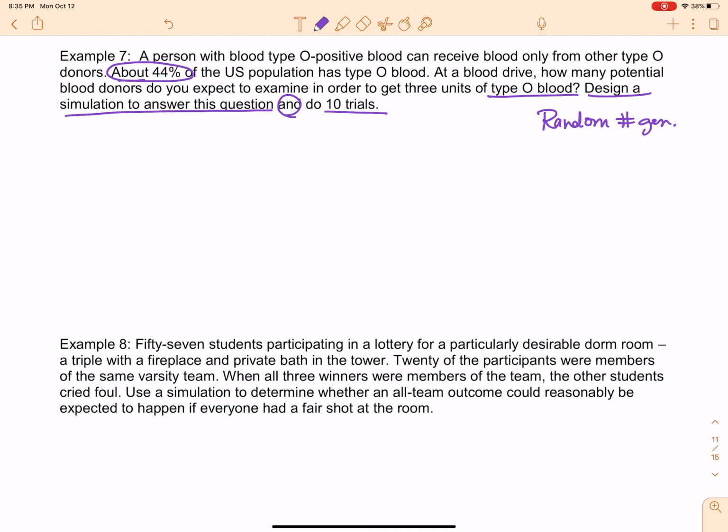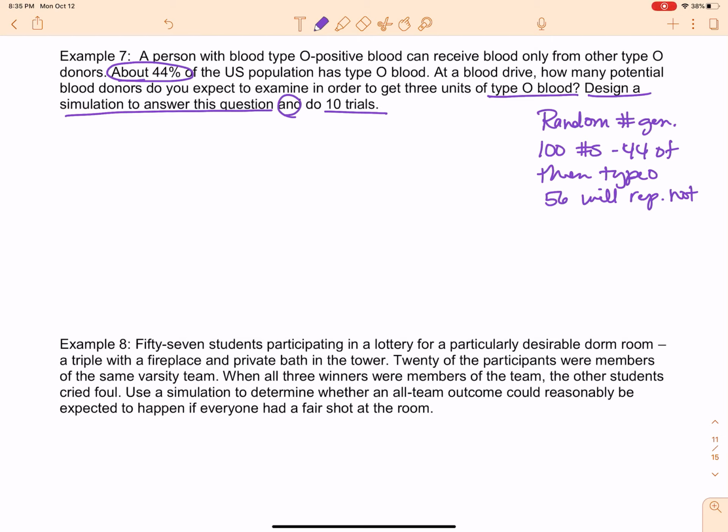How many numbers should I use? Since I'm using my random number generator and I've got 44% here, I need 100 numbers. So I'm going to use 100 numbers, 44 of them will represent type O, and 56 will represent not type O.